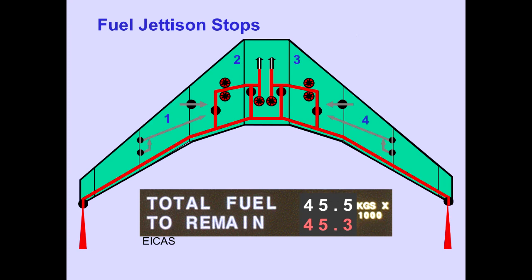When total fuel quantity equals fuel to remain, all override jettison pumps are disabled by the fuel jettison system, and jettison stops. The respective ICAS advisory fuel override messages are displayed until the fuel jettison selector is off.